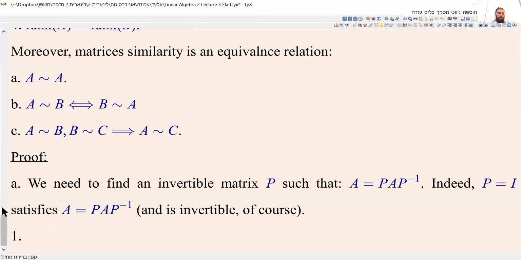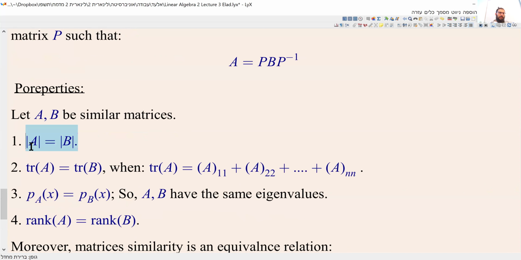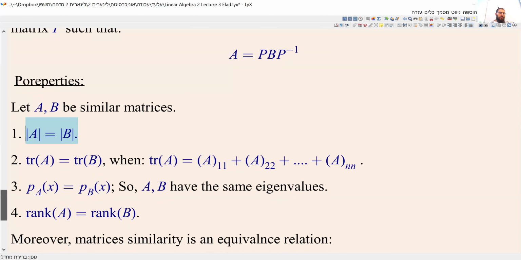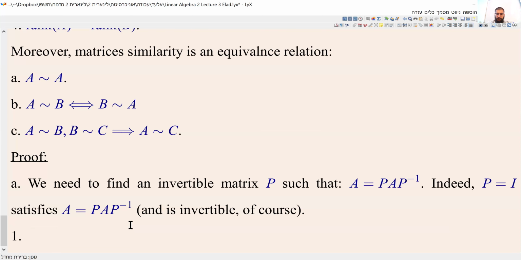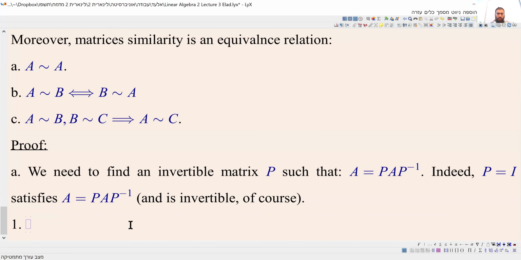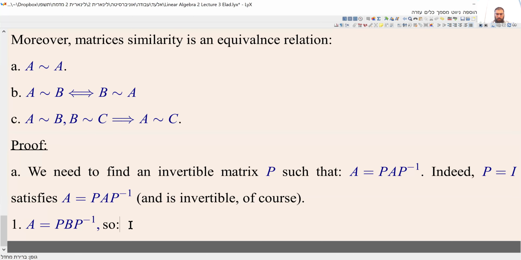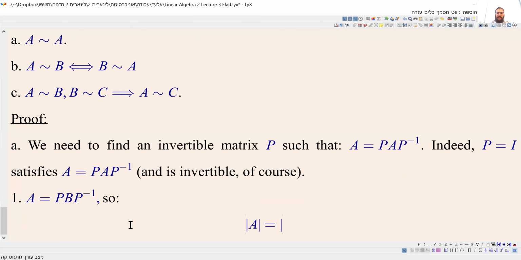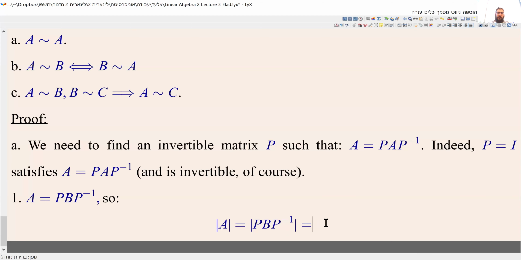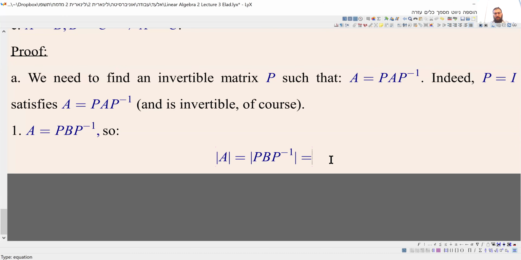We want to prove that the determinant of B is the determinant of A. And we know that A is P B P minus 1. So the determinant of A is actually the determinant of P B P minus 1. Now, the determinant of a multiplication is the multiplication of the determinants.